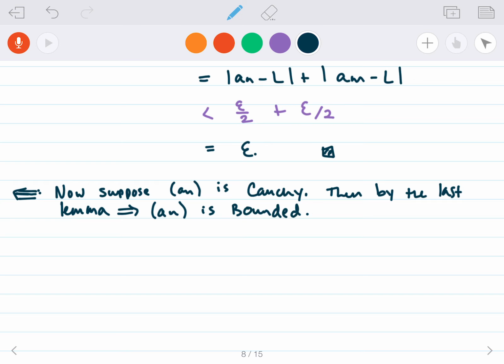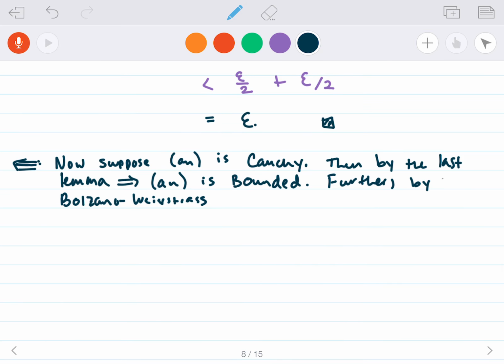Now, by last week's lecture, further by Bolzano-Weierstrass, since a sub n is bounded, it has a convergent subsequence.